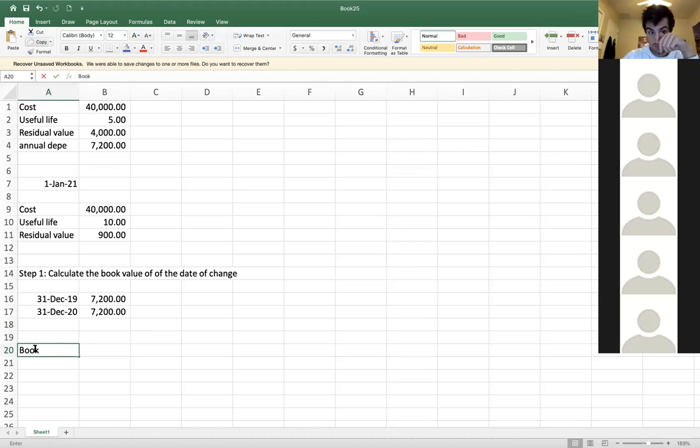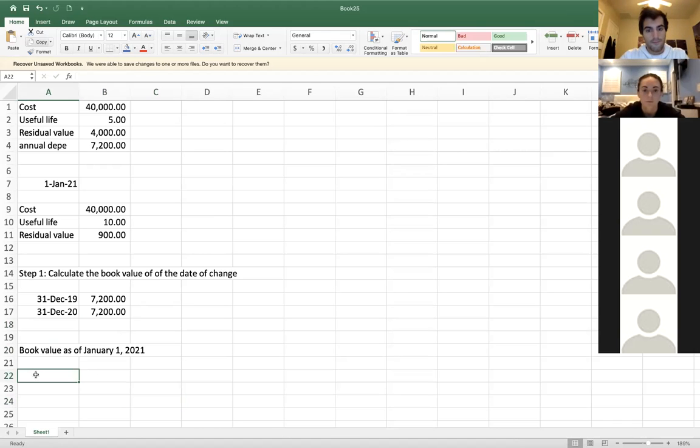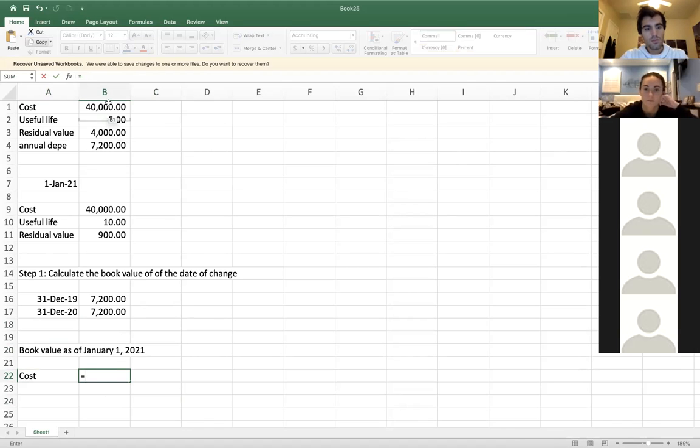So what is the book value as of January 1st, 2021? The book value as of the date of change. Is it the cost minus the depreciation from 2019 and 2020? Perfect. So my cost is 40,000.